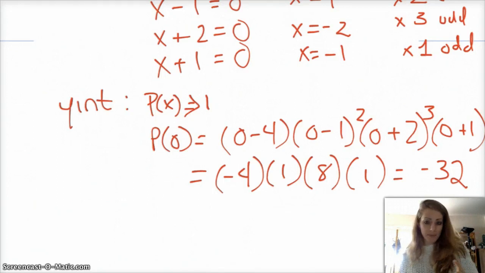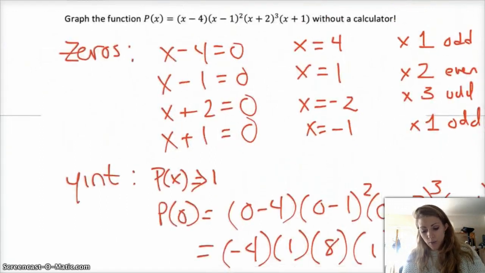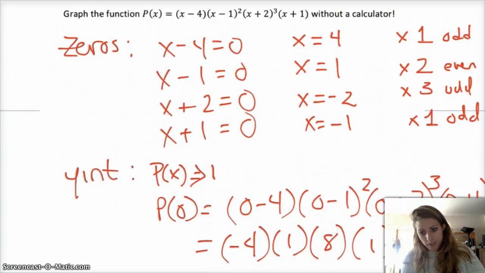I also need my end behavior, because that's going to determine where the ends go, and whether I bounce below the x-axis or above it. So I have to find out what my end behavior is. What that means is you need to find your leading term. One way to do this is to multiply the entire thing out, which is a pain, right? We don't want to have to FOIL that much.